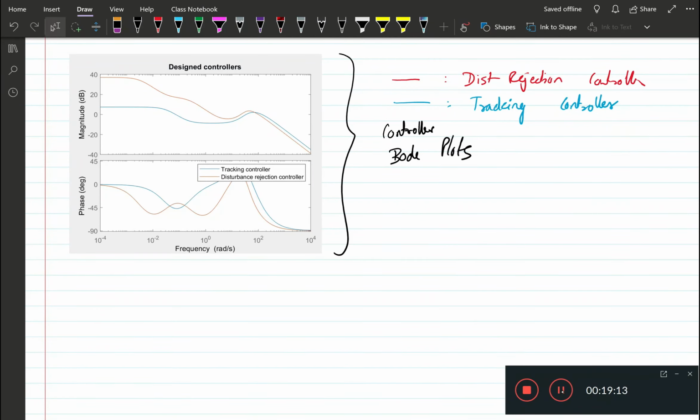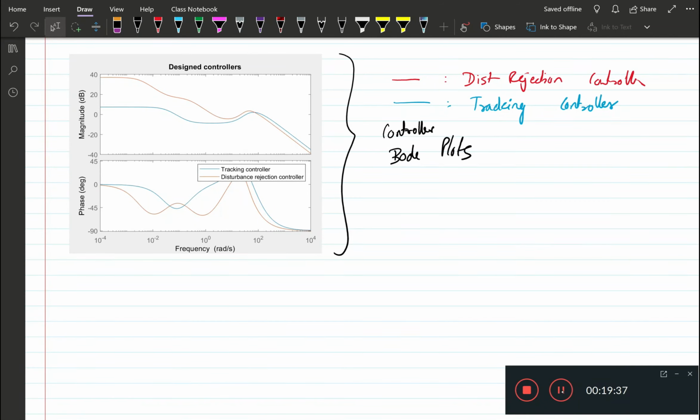So what is happening is that the disturbance rejection requirements require a faster controller or a high gain control action, whereas the tracking requirements require a low gain control.